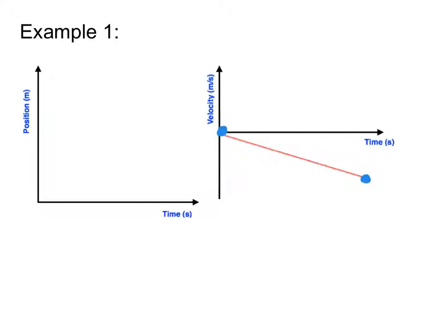So we know that during the whole course of travel, this object is moving backwards. Its initial velocity is 0 by our first dot, and then we've also got a very negative velocity here. So this is all about going backwards.